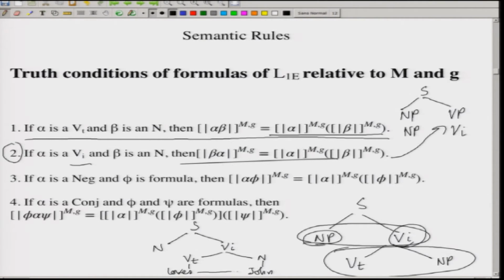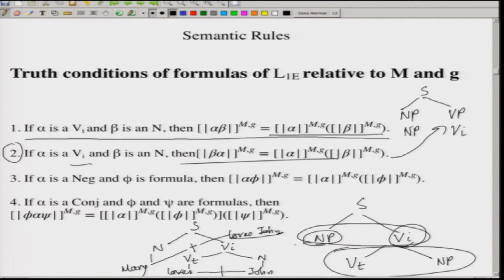So, John and "loves" unite to make "loves John," and this goes with Mary. So, "loves John" and Mary come together to make "Mary loves John."